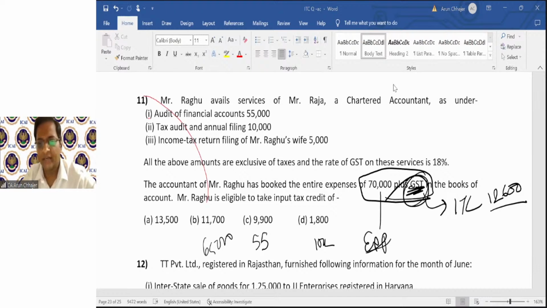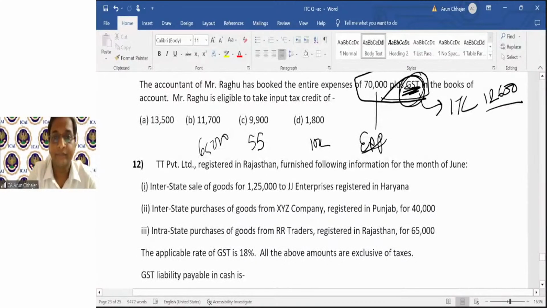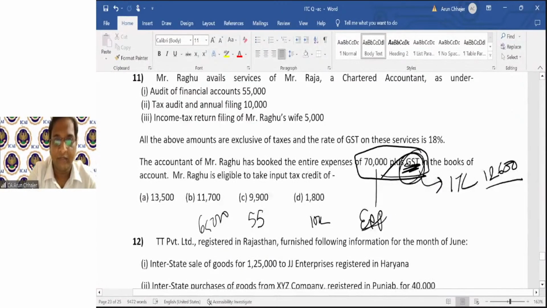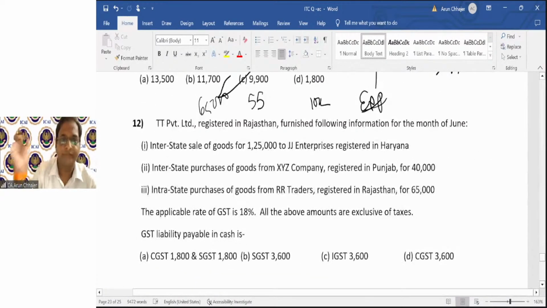All are correct. The B, because it's a personal wife का जो ITR है, that will be the personal expenditure, so ITC would not be allowed. So he can take the ITC of only this 55 plus 10, total 65,000 multiplied by 18%. So amount comes 11,700. All are correct.